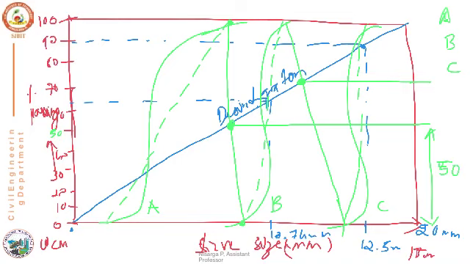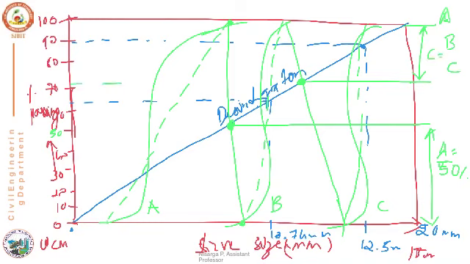So it indicates that to get the required gradation, we have to mix 50% of aggregate A, and aggregate C has to be taken in proportion.